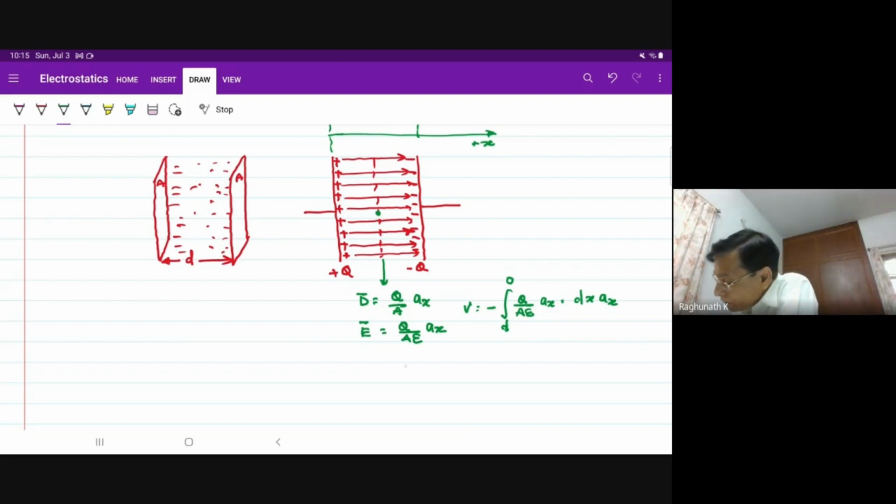That gives me the potential to be minus integral D to 0 of Q by A epsilon dx. The integral of dx is x. Minus x from D to 0 is the same as 0 to D with plus, which is Q D by A epsilon.